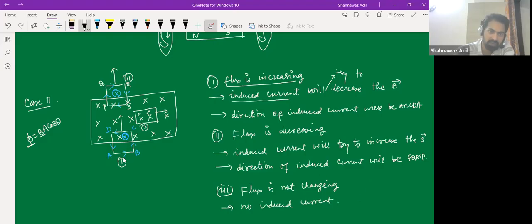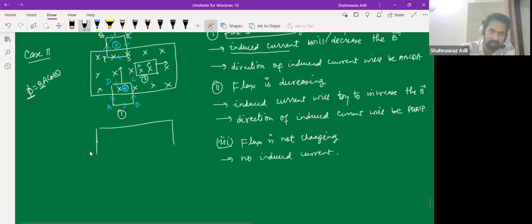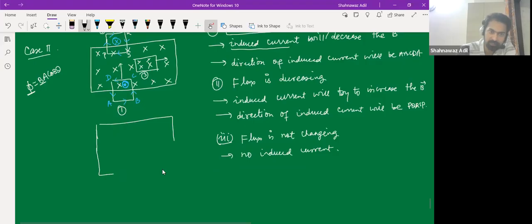Okay, see for this one, let me draw this to clarify my point. Let's say that initially the loop was in here and it was moving in this way, and you had a uniform magnetic field.